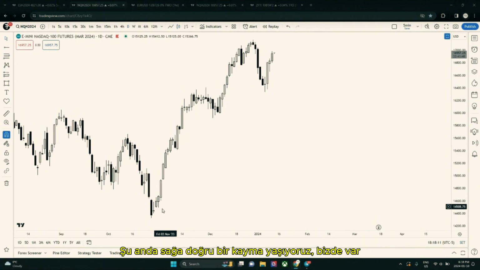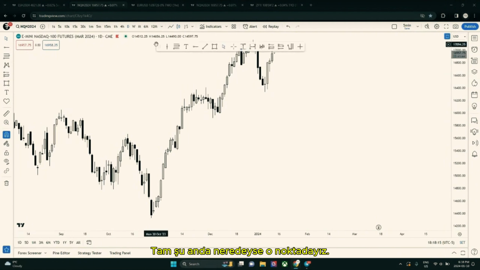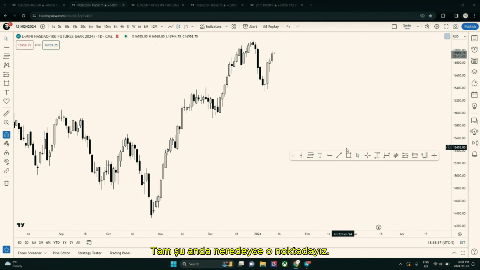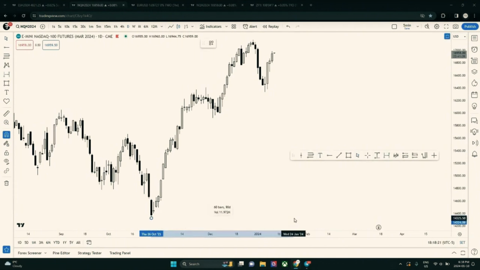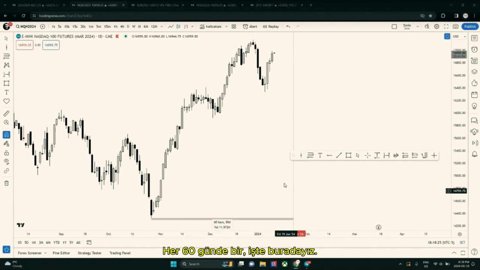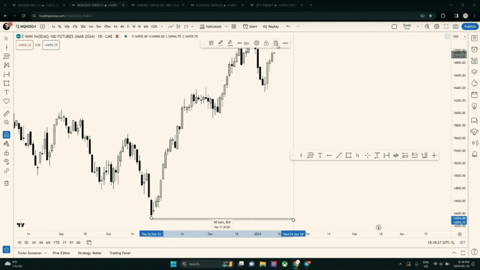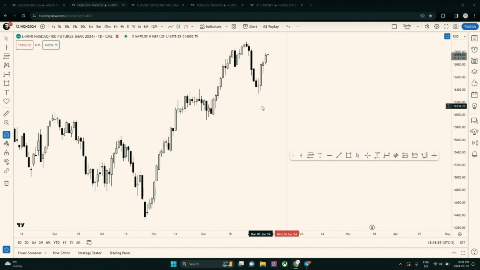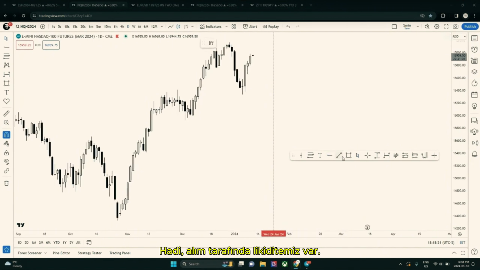Right now we're almost upon that time. Every 60 days. So right here we go. We have buy side liquidity here. This is what I think we're gonna see.